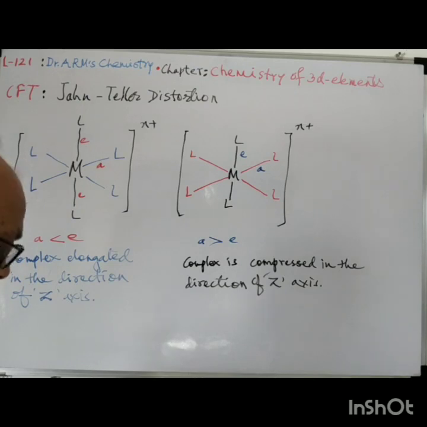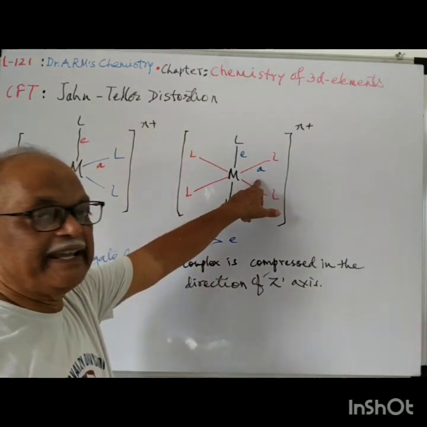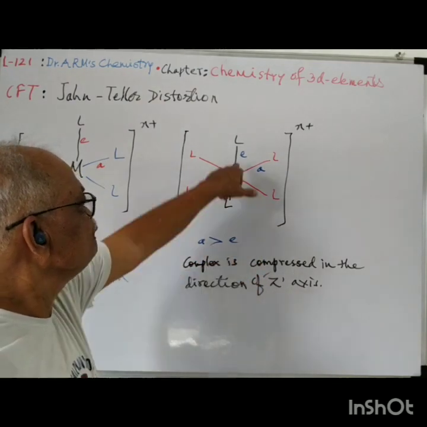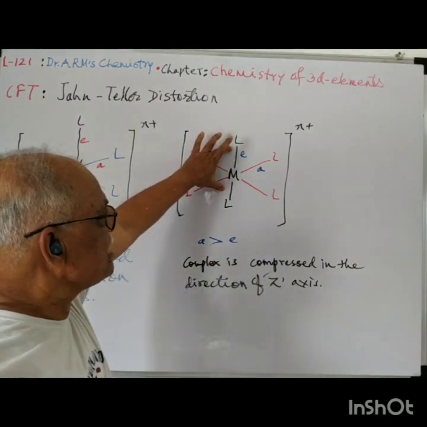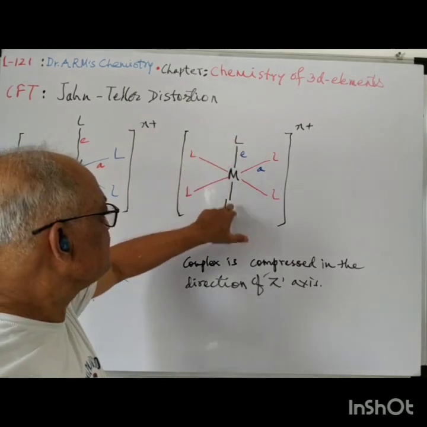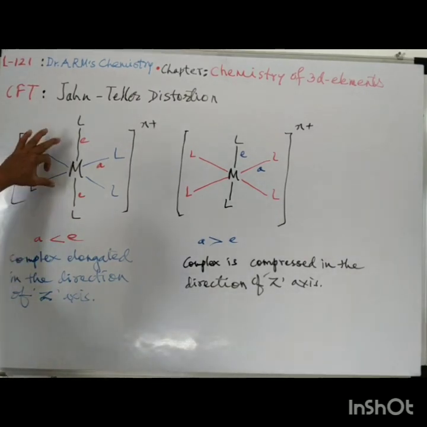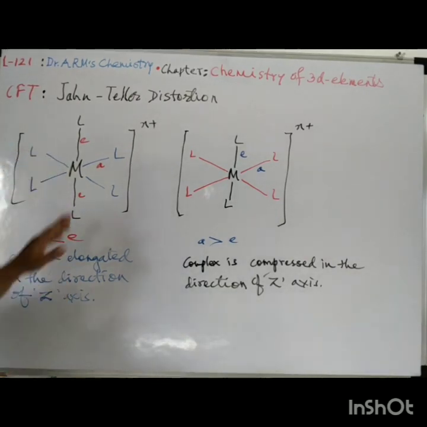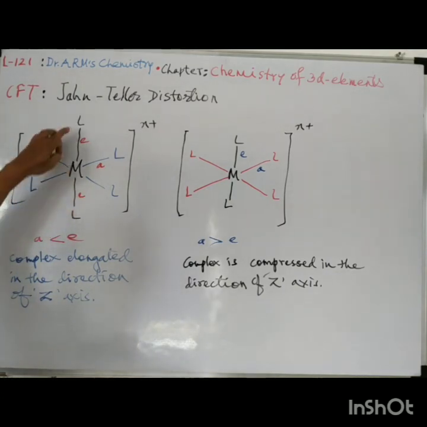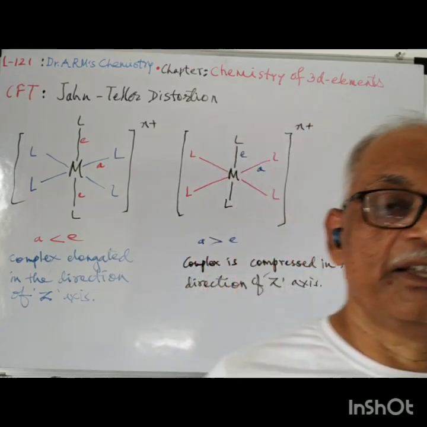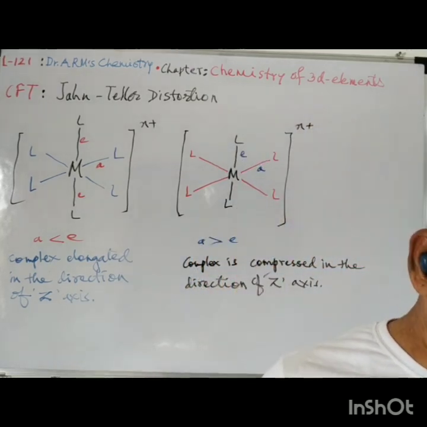That is why the M-L distance a is greater than e in the elongated case. In the compressed case, the two ligands present in the direction of the z-axis come closer, while in the elongated case these four ligands are coming closer while the two ligands in the direction of the z-axis are moving away. So these are two situations in which we can find the distortion.